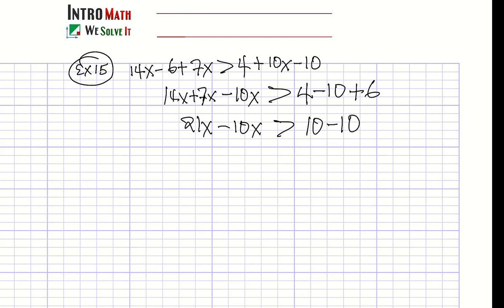So you keep combining. When you subtract that from both sides, it would be 11x greater than 0. Okay, so then it would be x divided by 11 greater than 0.